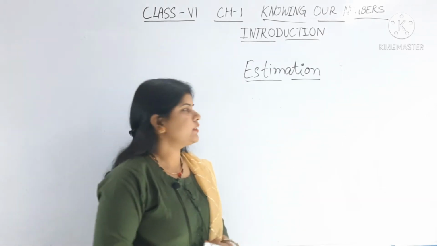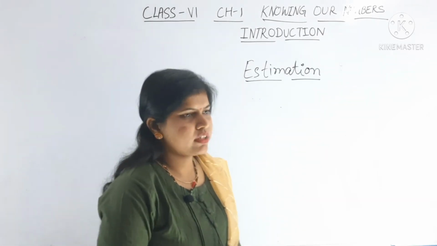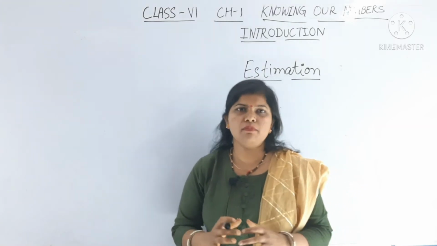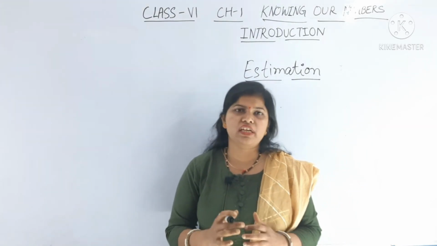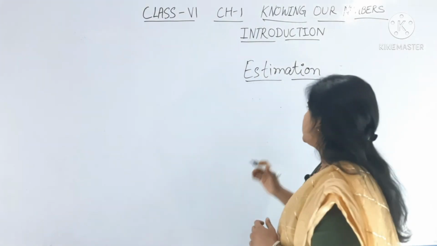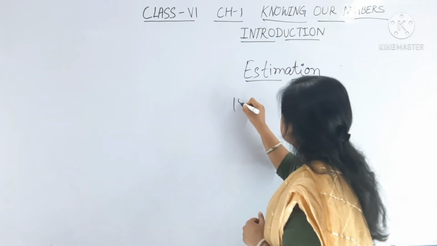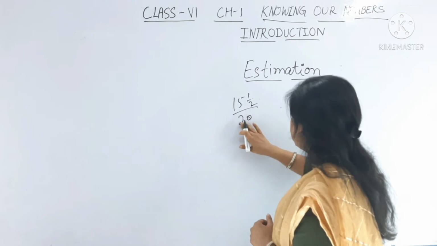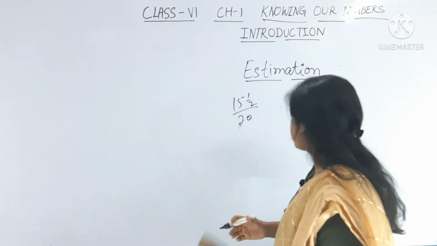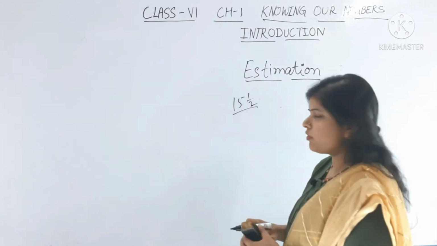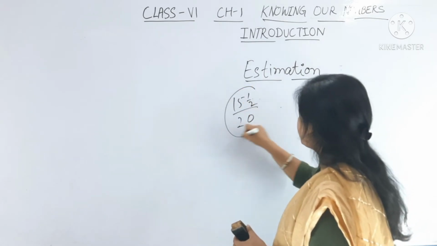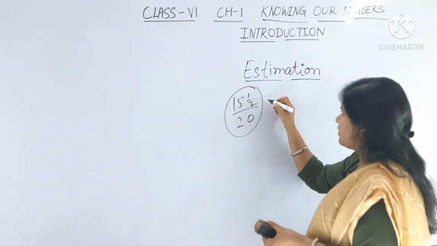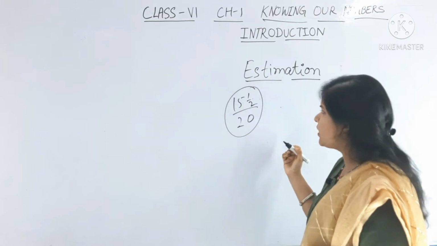Now the next point is estimation. In this chapter we have to estimate values. Like in daily life, we have marks. If we get 15.5 out of 20 in any subject, we will roughly calculate. That is rounding off.